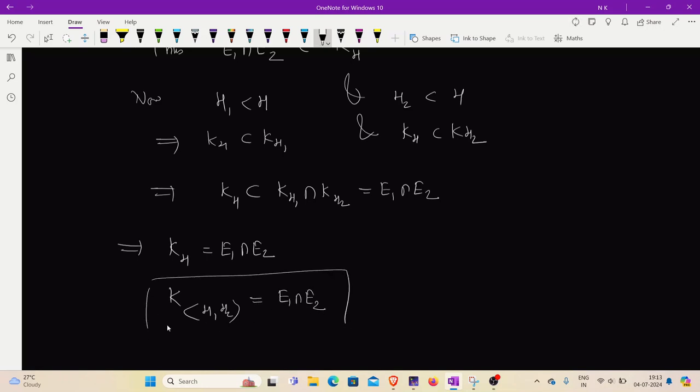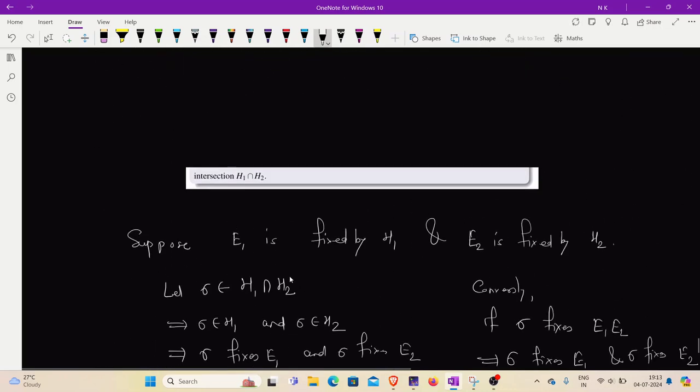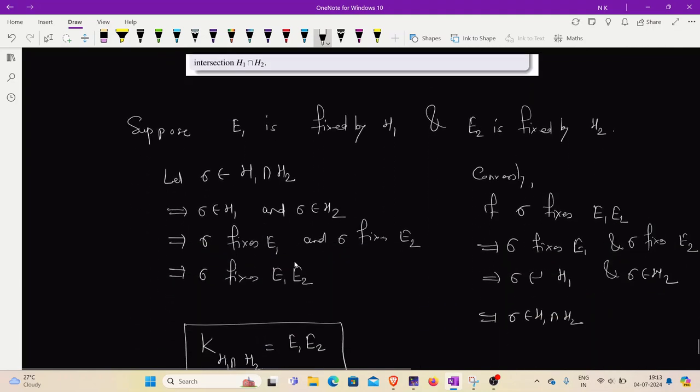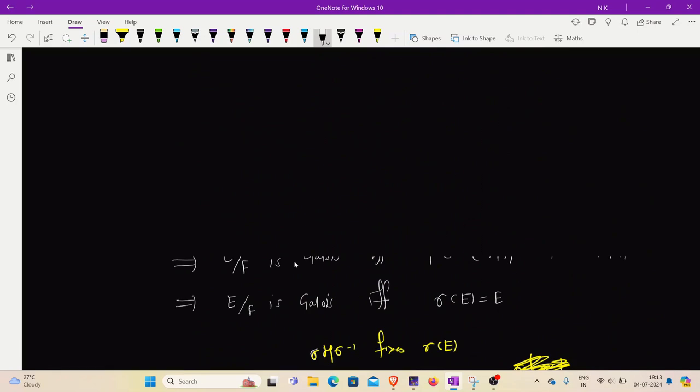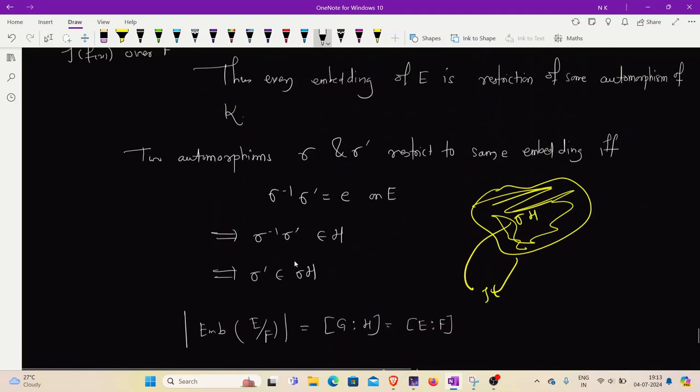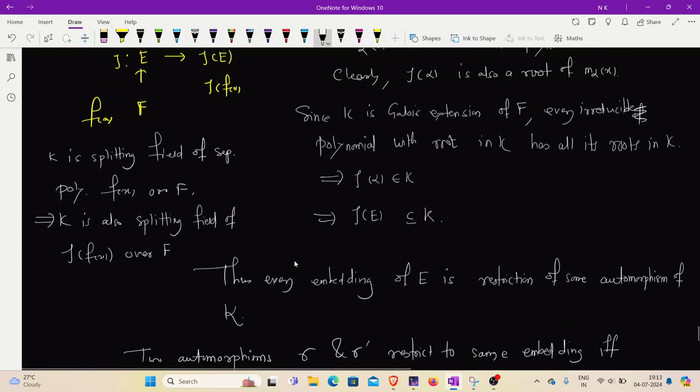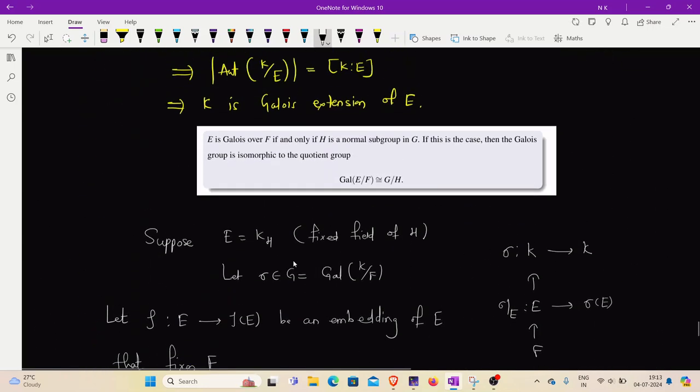That proves our second part. So with this we come to an end of the proof of the fundamental theorem of Galois theory. I hope you have understood this proof. The proof started with the statement of the theorem, and we slowly established all the subparts of it.